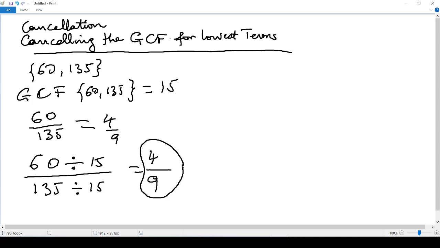There is no other number that will go into both. We only reduce if we have the same number that goes into top and bottom. That's what we call canceling the GCF for lowest terms. As long as we have a final fraction that we cannot reduce, we call it lowest terms.